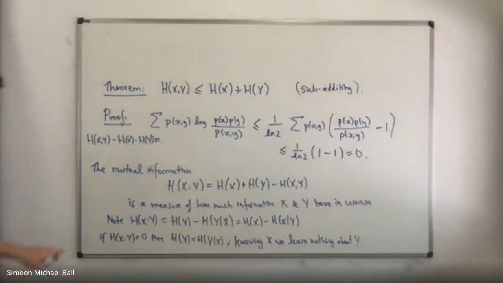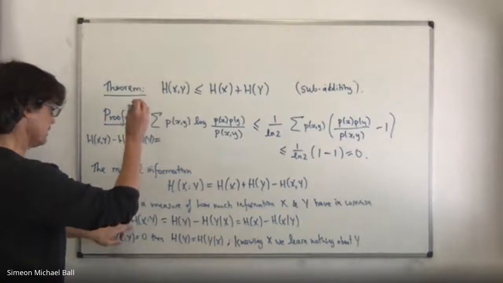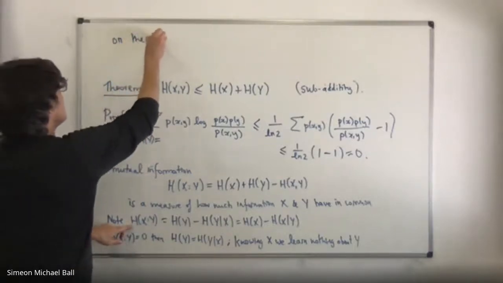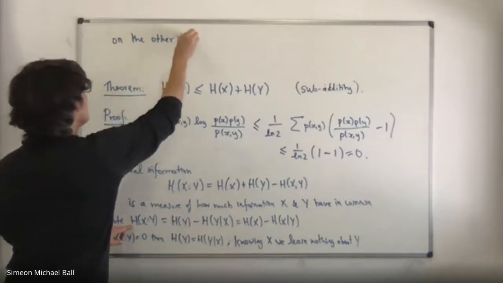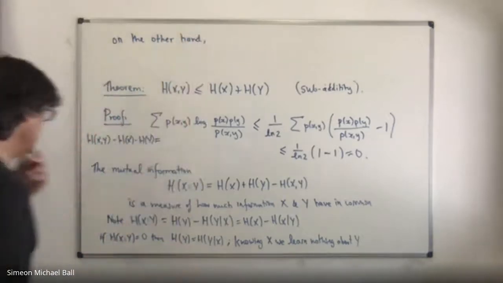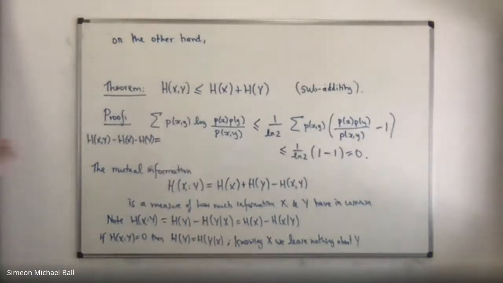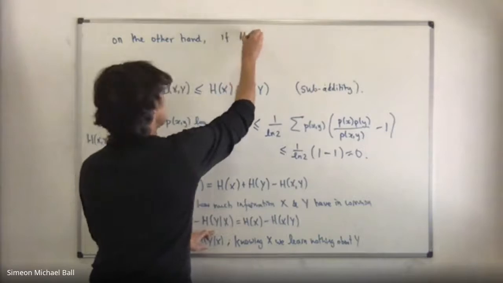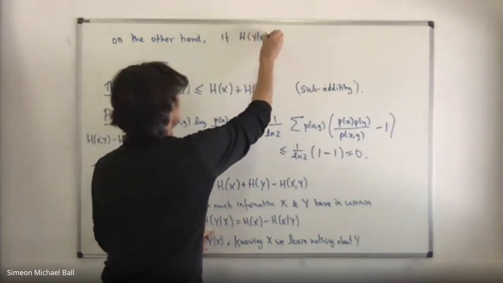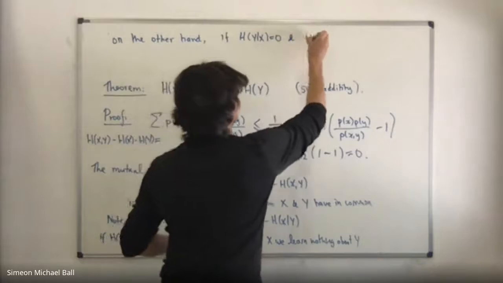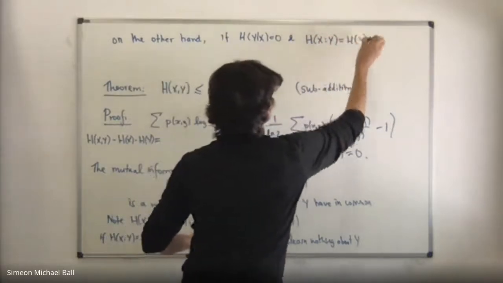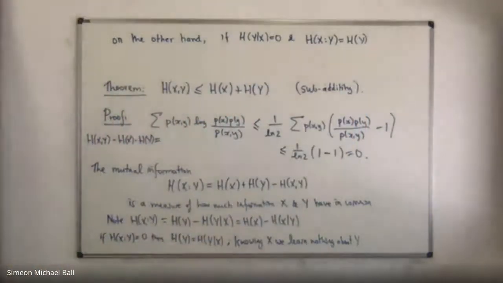On the other hand, what would be the other case then? So that this is 0. So if h of y given x is 0, then the mutual information is everything, as uncertain as you have as y.